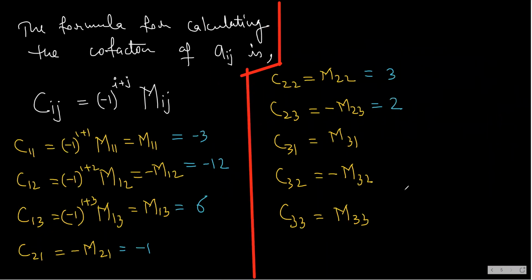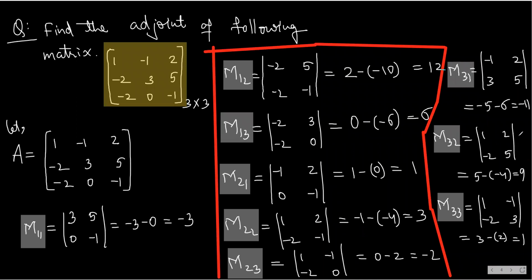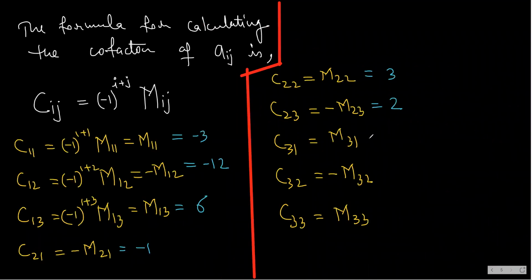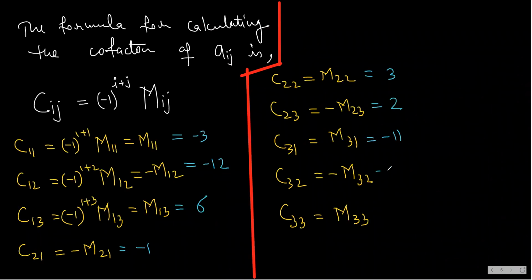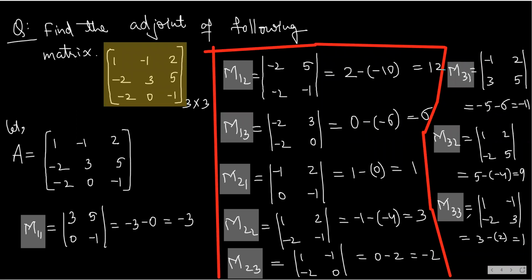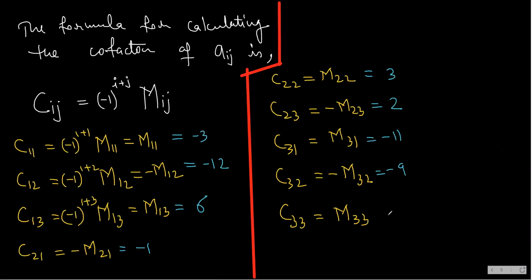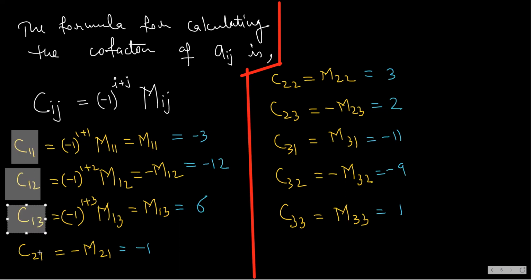Then C31 is -11, so it will remain -11. Now C32 is minus M32. What is M32? 9. So it will become -9. And then C33. M33 is 1, so here you will get 1. You got all the 9 cofactors.